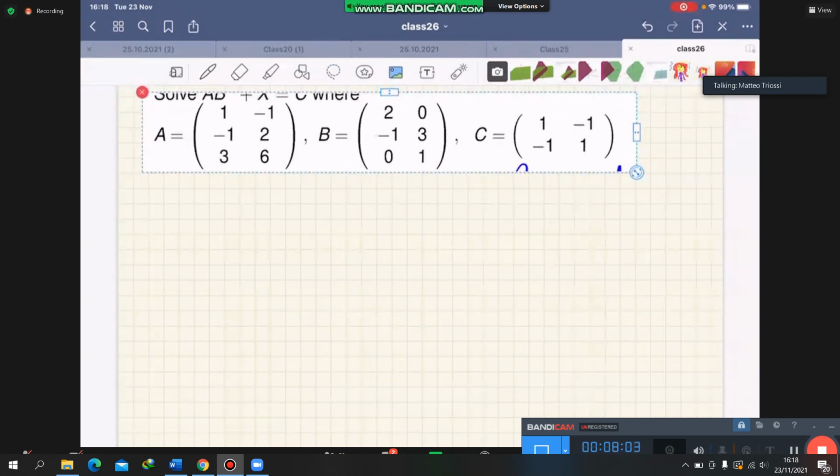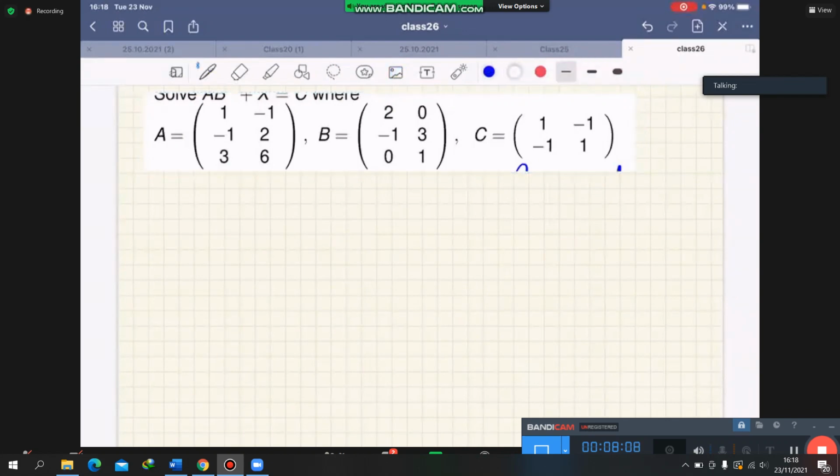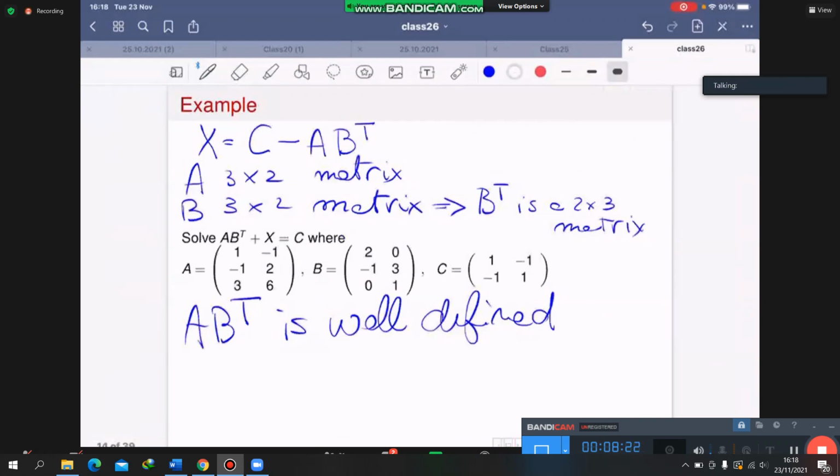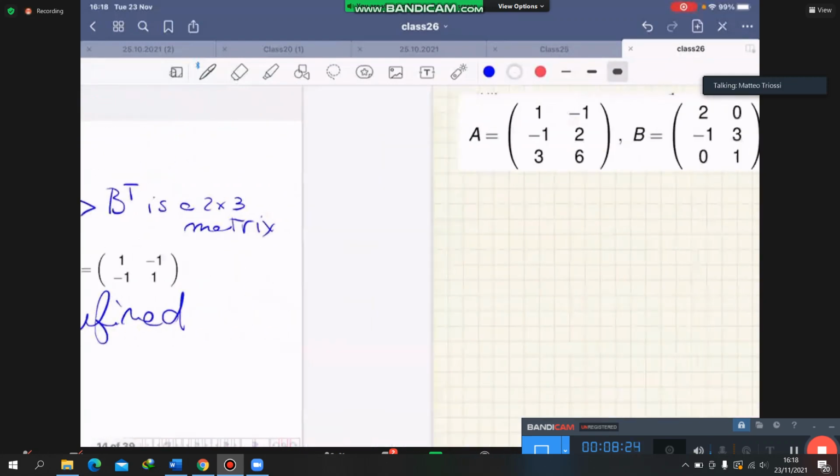So let me do the following. So X equals C minus A B^T.